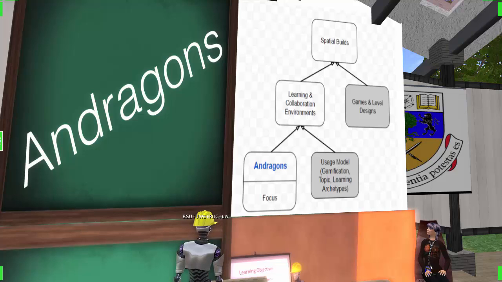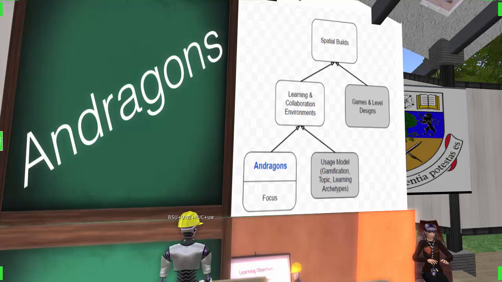Some of those education pieces may involve techniques like gamification, learning archetypes, like a treasure hunt. A treasure hunt looks like you're in a 3D land. But that's just a kind of technique. It's great to have, but that's not what we're talking about.